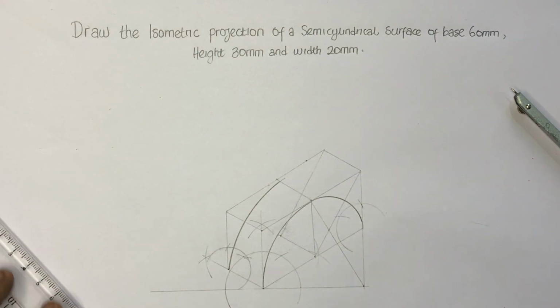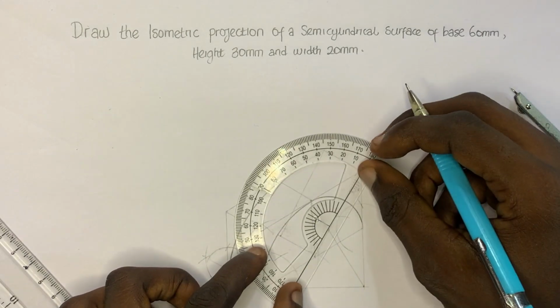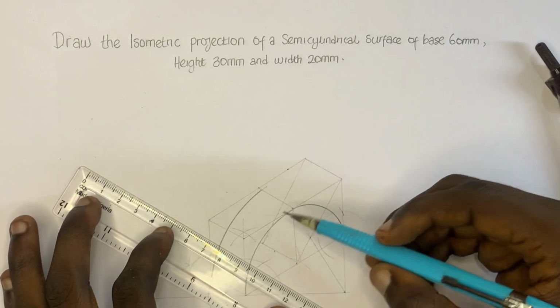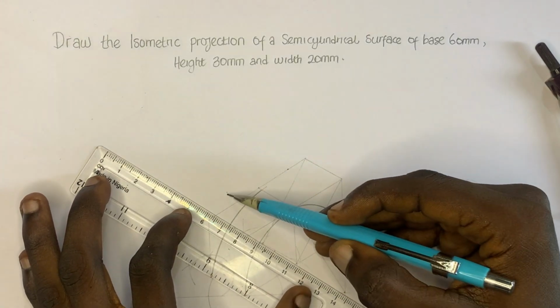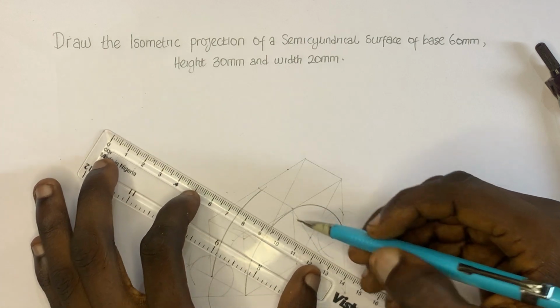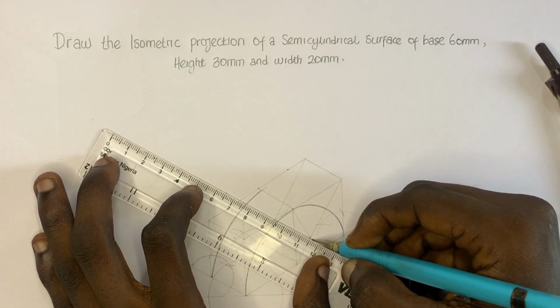So if we put our protractor at this point of intersection and measure 90 degrees, okay, after measuring your 90 degrees, now you have to transfer this point up to this point. So we have this point here.